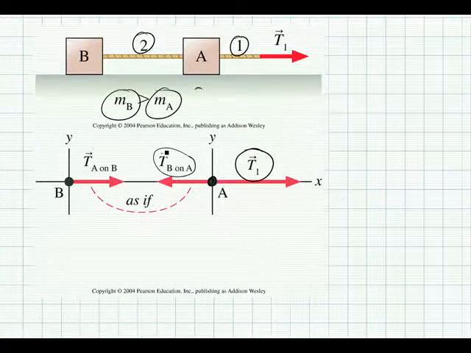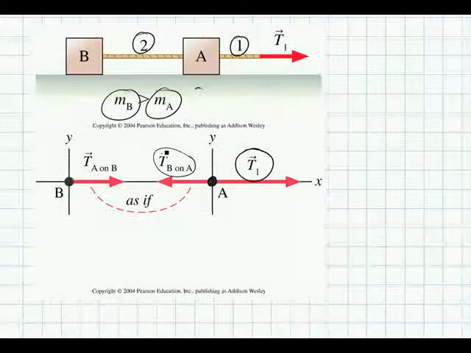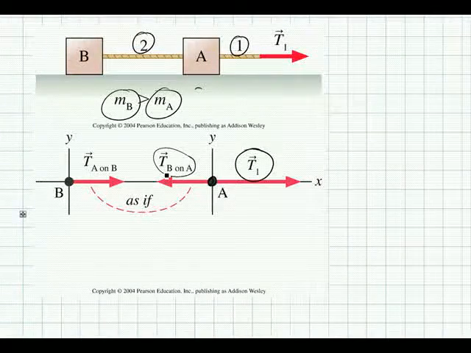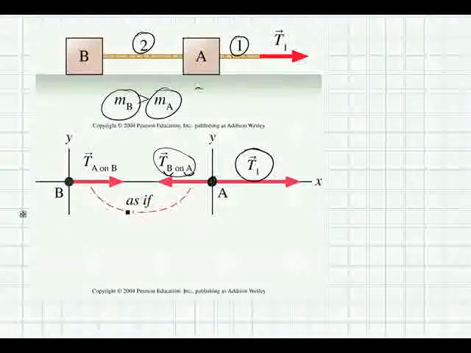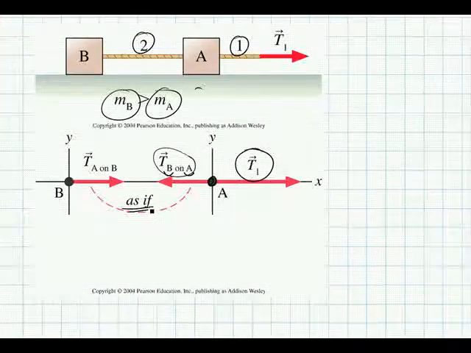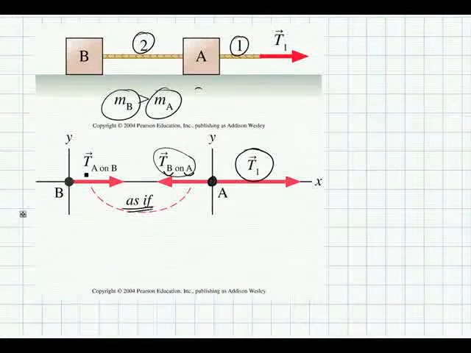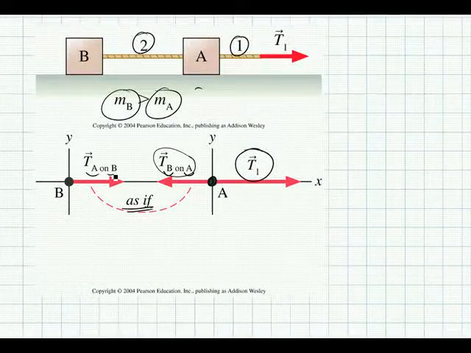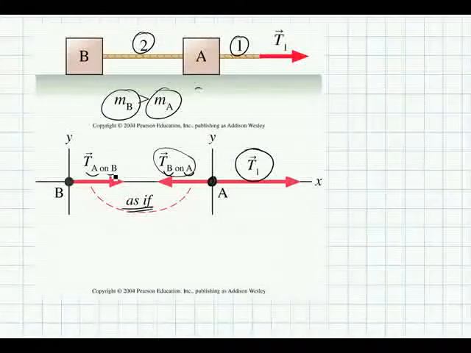We're just calling it a tension because it's a force due to the string, but we label it as if it's a force of B acting on A directly. And please note this "as if." These are an action-reaction pair, an action-reaction pair of the tension of A on B via this massless string.